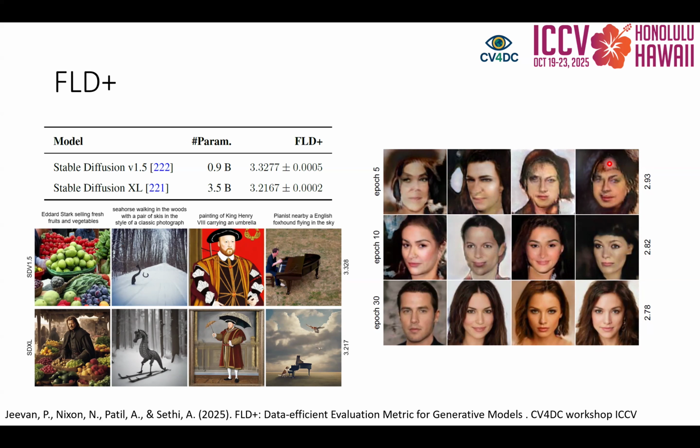And it shows that the larger model is better. Similarly, we can use it at different training epochs, so this is the training epochs of StyleGAN2, to show how the quality improves after each epoch, and the metric is able to track that monotonically.